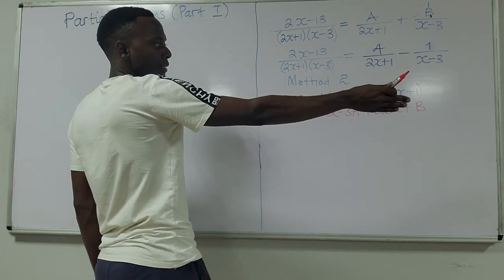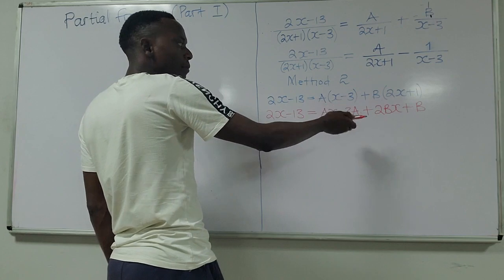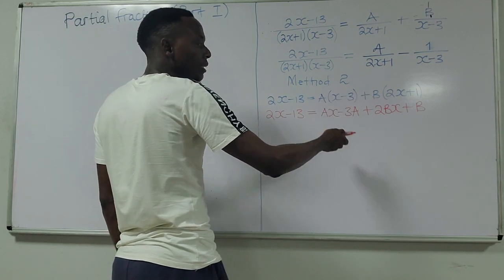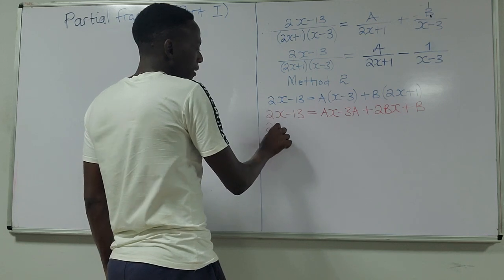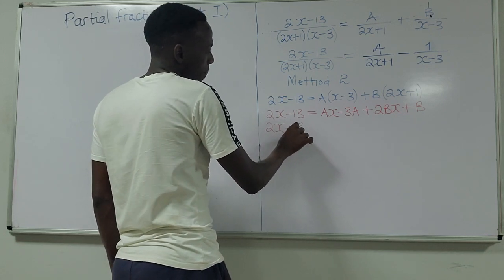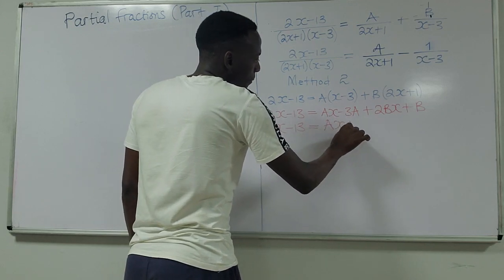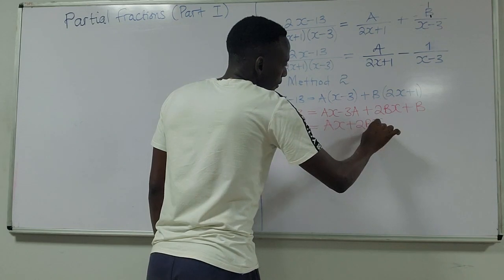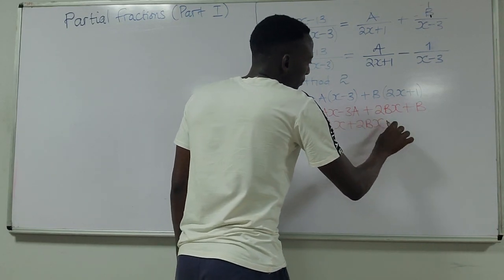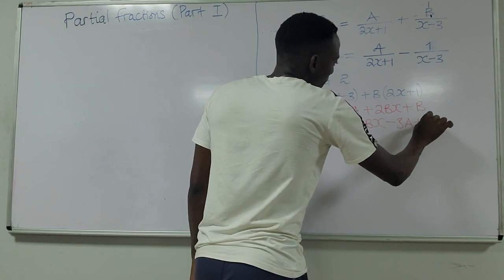Having found this, now we can group any term which has got an x, and whatever has got no x, we consider that to be a constant. So we're grouping ax plus 2bx minus 3a plus b.